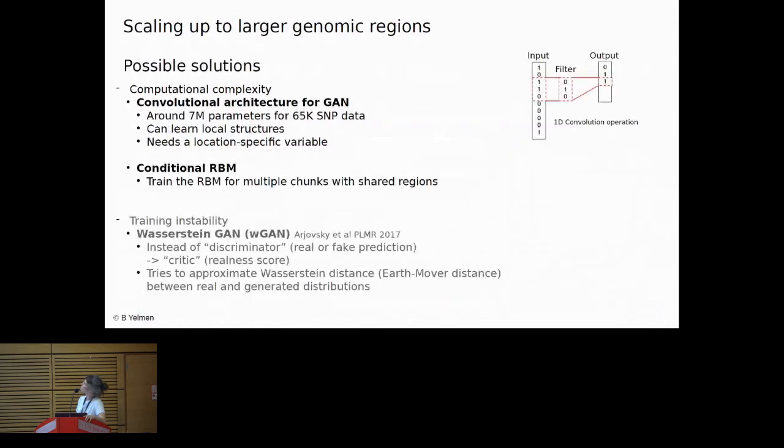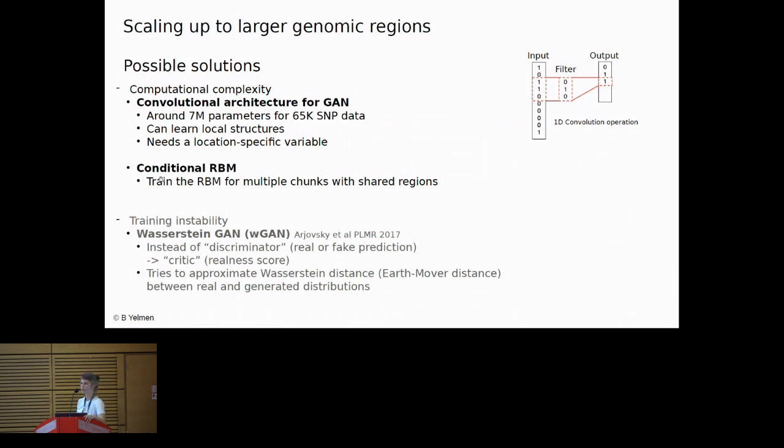So in a recent preprint, we proposed two novel architectures. One is a convolutional GAN, which I will detail a bit more after. And this new architecture allows, for example, to go to only 7 million parameters instead of the 238 million we had already for just 10,000 SNPs.